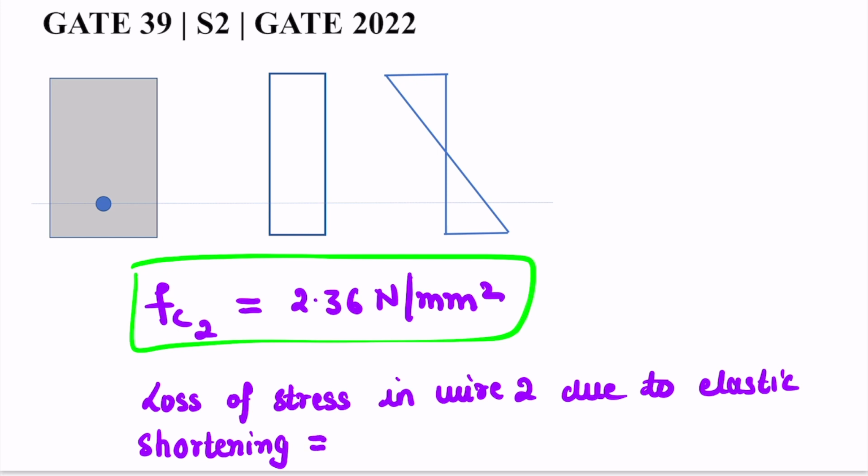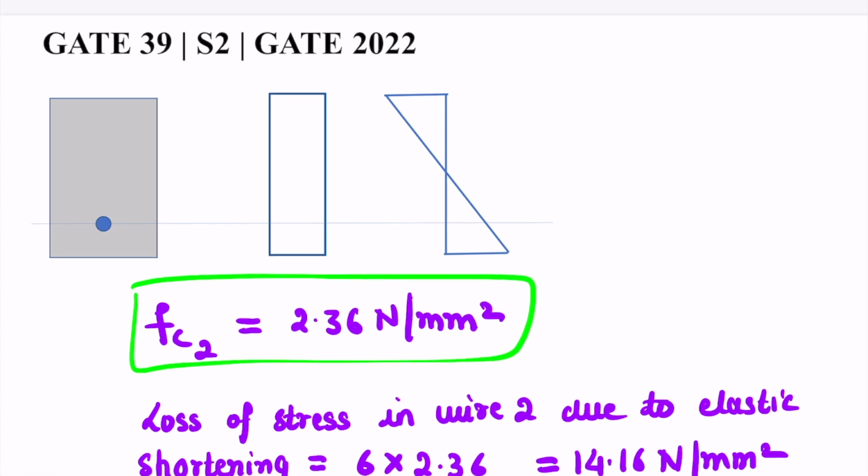What is the value of m which we have given? We have given the value of m as 6, so 2.36 into 6, and finally we get our answer as 14.16 Newton per mm square.